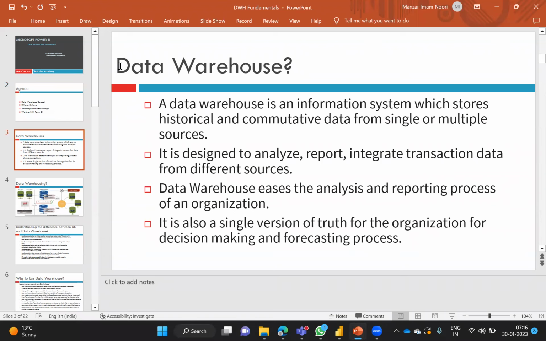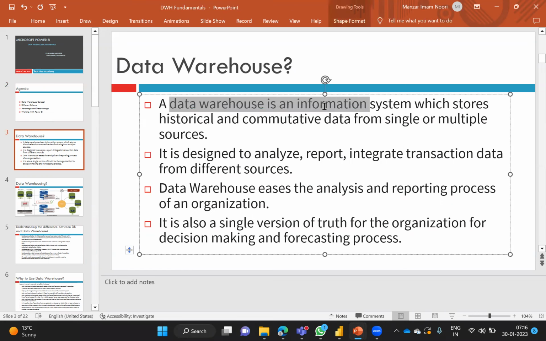As far as the data warehouse goes, what is this data warehouse? A data warehouse is an information system. It will store the historical and cumulative data. What does that mean? We are doing daily business, and that everyday data is getting stored somewhere.